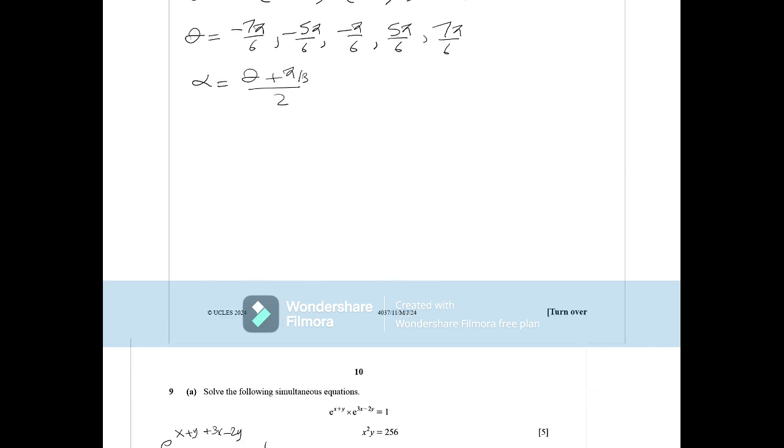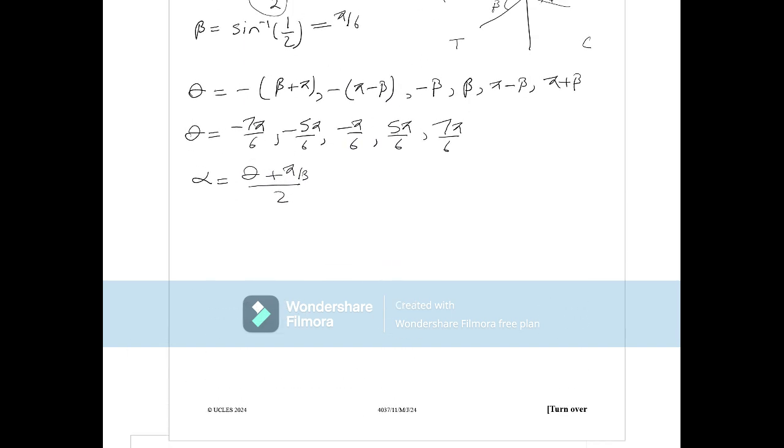So this is the same equation. Alpha is equal to theta plus pi by 3 over 2. You need to put these values into this expression, and you will get alpha is equal to negative 5 by 12 pi, negative pi by 4, pi by 12, pi by 4, and then 7 by 12 pi, and then 3 pi by 4.